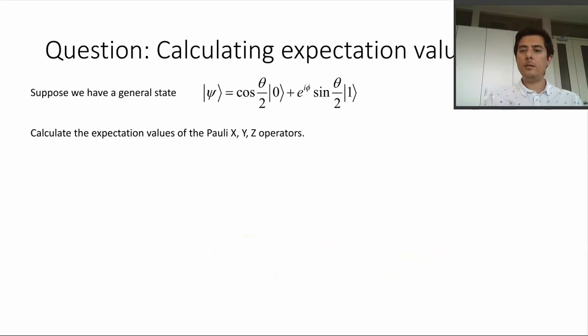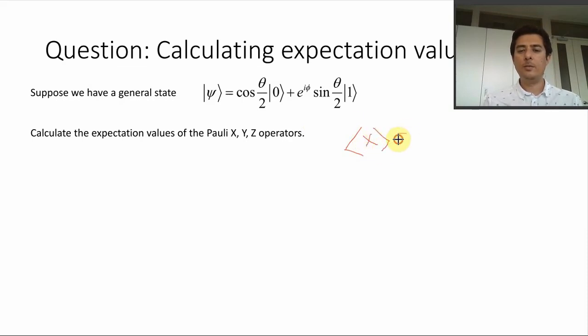Let me give you an example of this. You might like to pause the video and try to work this out for yourself before I show the answers, which is why I've got the blank version here. The question is: using this state, which is the general form of the qubit state that we worked out several lectures ago, calculate the expectation values of the Pauli X, Y, Z operators using our standard way of working it out.